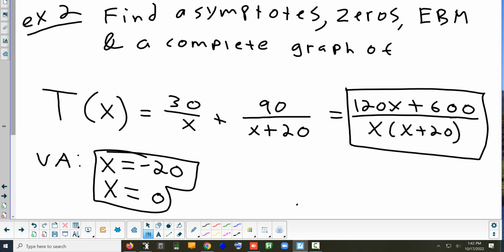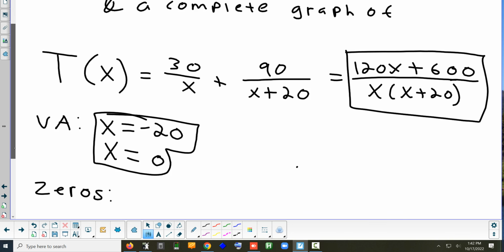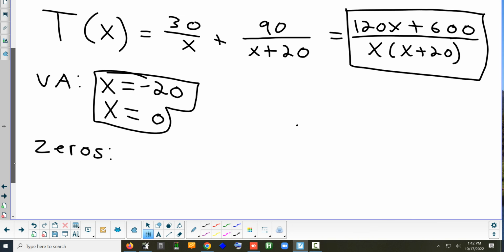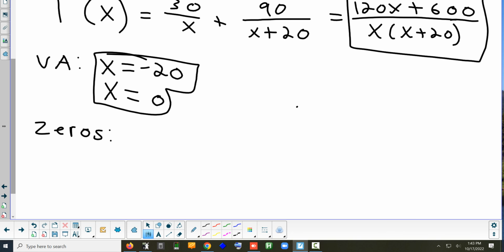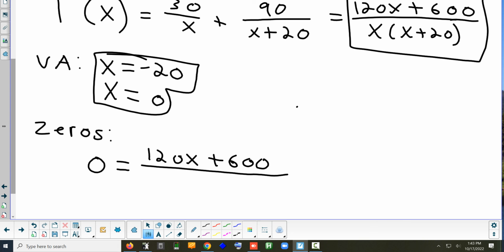It's a fraction. In order to find the zeros, you set that equal to 0 and solve it. So let's write down 0 equals 120x plus 600 over x times x plus 20. So we're setting it equal to 0. And solve.